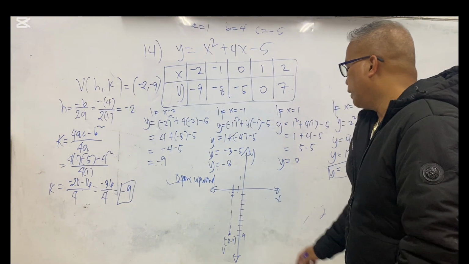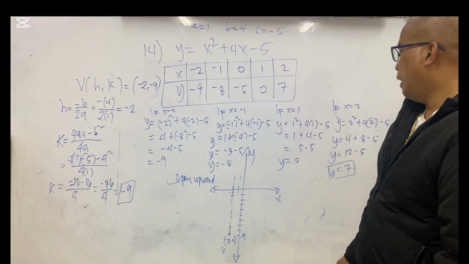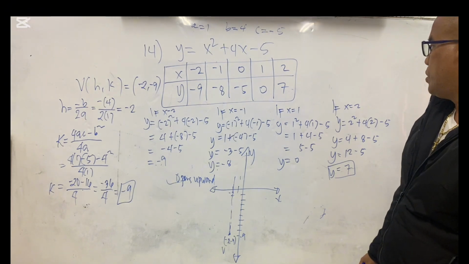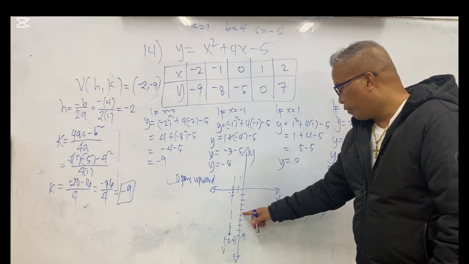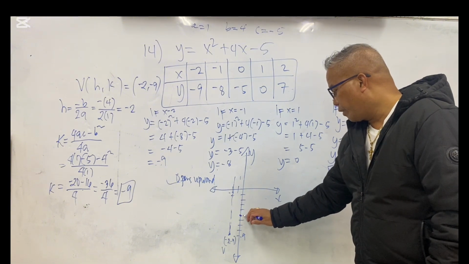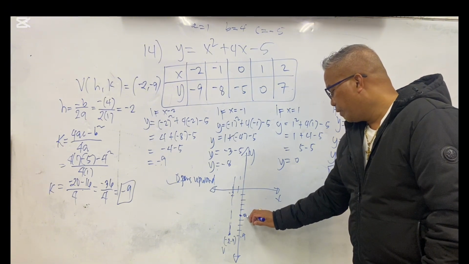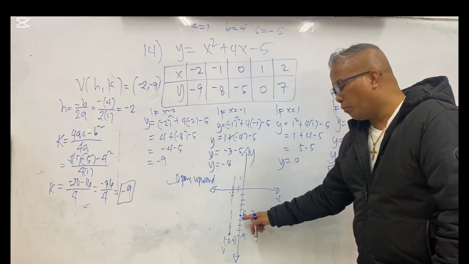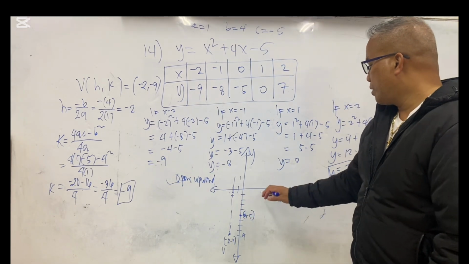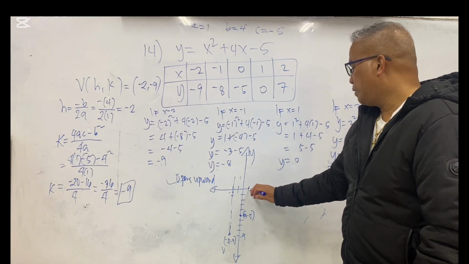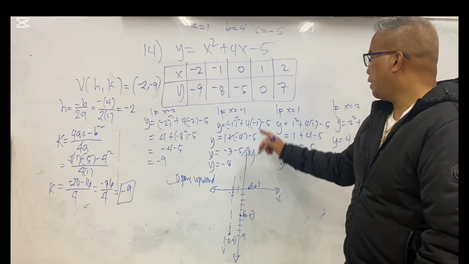And then we will plot also 0, negative 5. So this is 0, 1, 2, 3, 4, 5. So 0, negative 5 is the y-intercept. And then 1, 0, here.